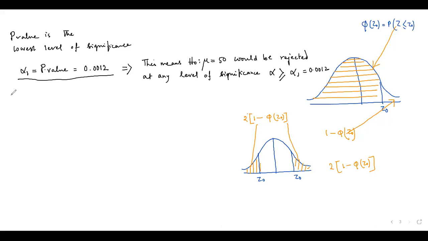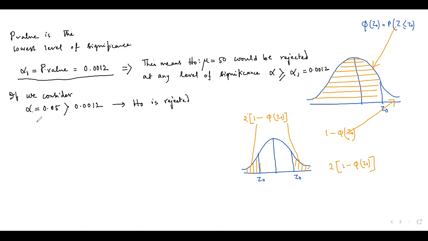So if we consider our alpha to be 0.05, so 0.05 is definitely greater than 0.0012, H naught is rejected.